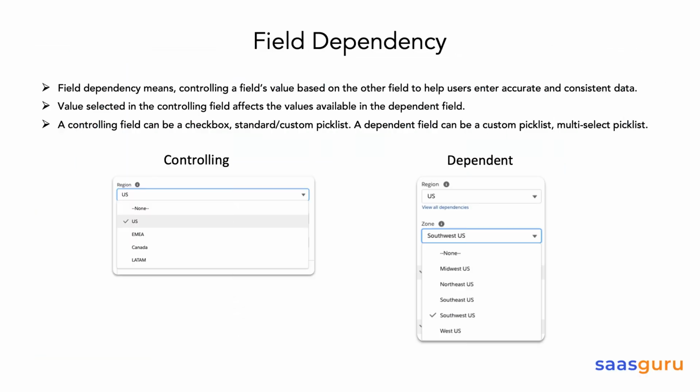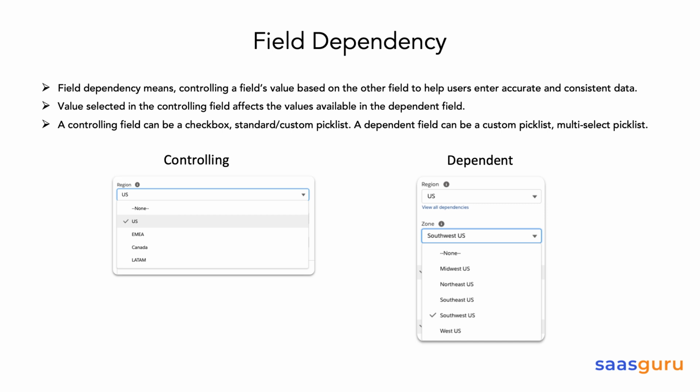Next is field dependency. So in the context of the fields that we've created, let's suppose the business wants to restrict the values of a particular field based on the selection made in a particular picklist field, a sort of dependency needs to be created. Out of the box, Salesforce gives you the ability to define the field dependency directly in the object manager.